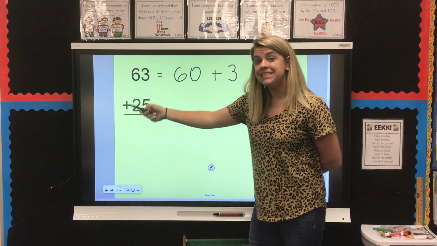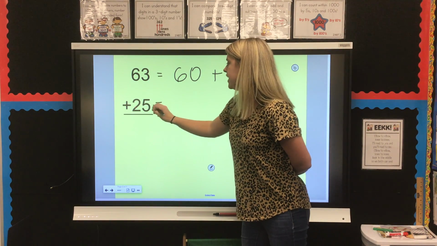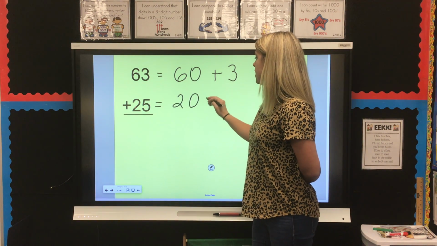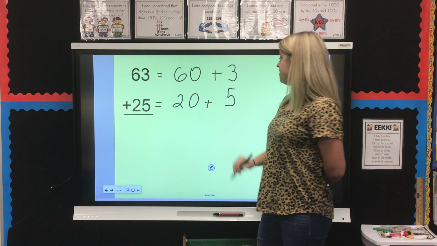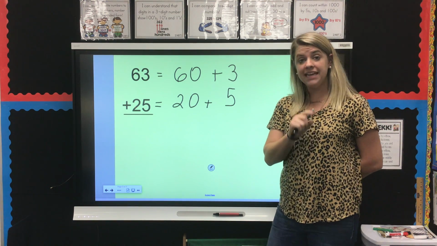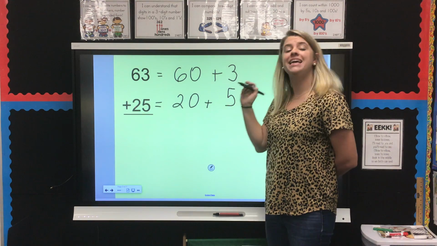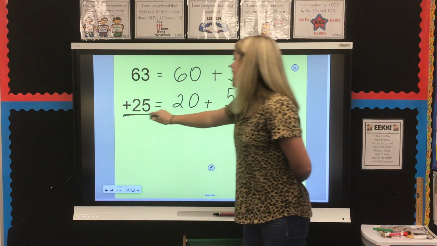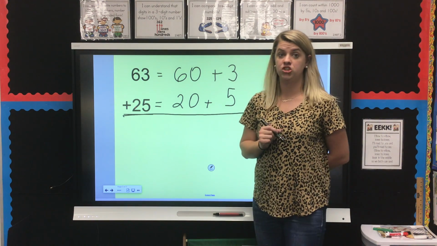And I can do the same thing for 25. 25 is equal to 20 plus 5. Now, our neatest handwriting is going to be needed for this because we have to make it neat and lined up, super specific, so that we can answer our questions, okay?